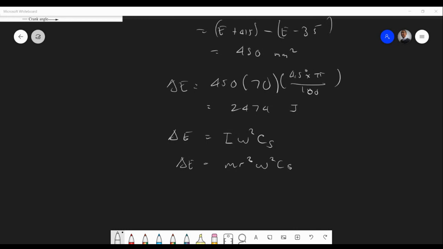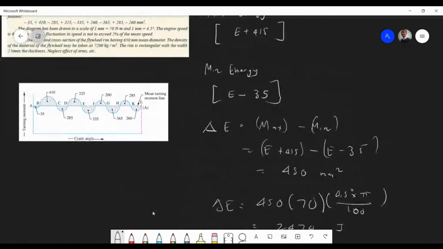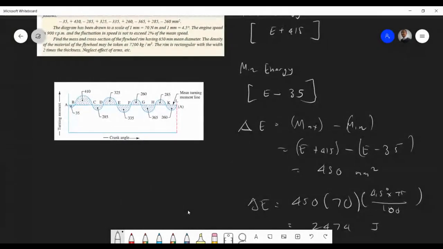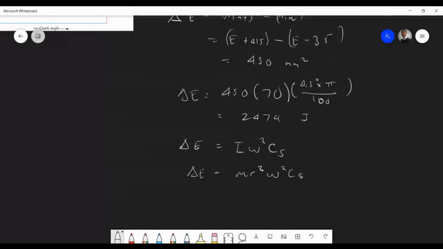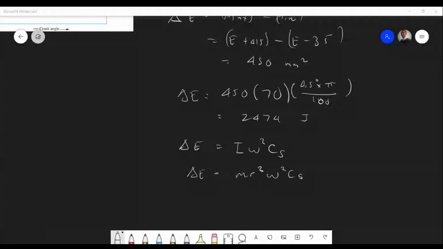But Mr. Manage, you managed to get the mass, so I was confused there. So it says it's 2% of the mean speed. Oh, it is 2%, right? That's 2% as is, which is supposed to be. Yeah, that's correct.